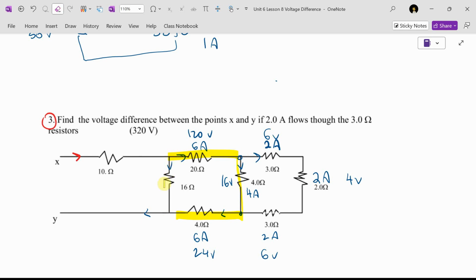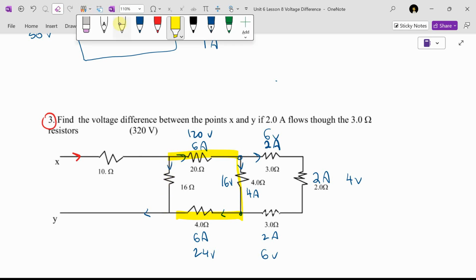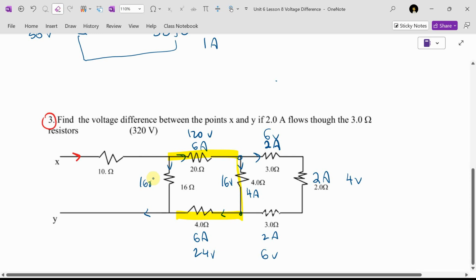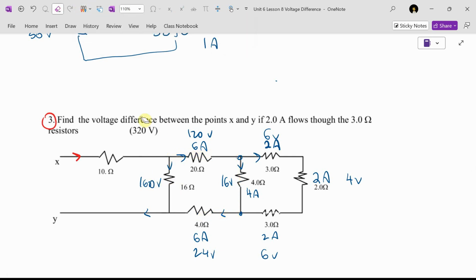That means from here to here is also 160 volts. This has to be 160 volts because, again, we were able to split up right here and meet up right here. By the way, also this plus this plus this plus this plus this has to add to 160 because on all of those we kept skiing downhill and we split up at the same location and met up at the same location.